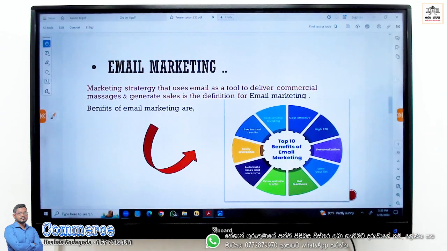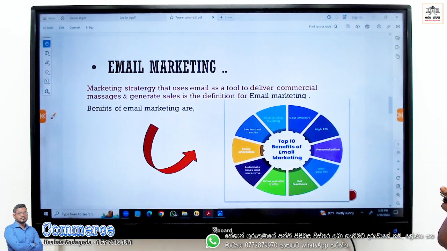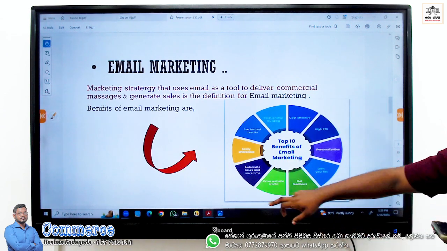A marketing strategy that uses email as a tool to deliver commercial messages and generate sales is known as email marketing. Relationship building, cost effectiveness, and instant results are some of its benefits.